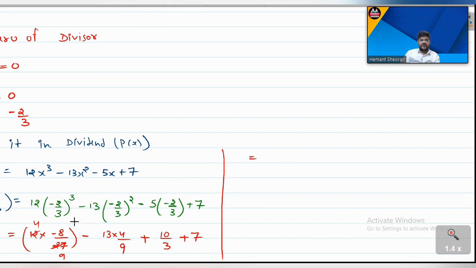So 4 times negative 8 is negative 32 over 9. Then minus 13 times 4, which is 52. So negative 52 over 9 plus 10/3 you already have, and plus 7.